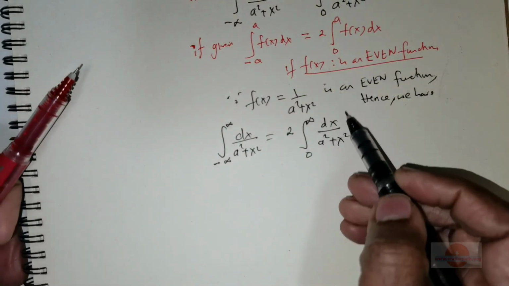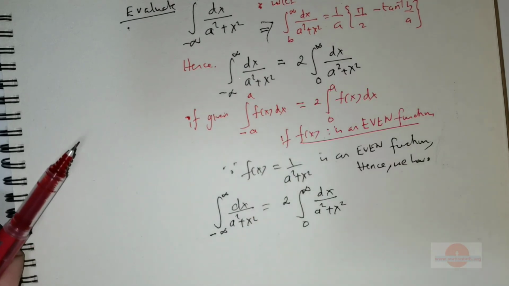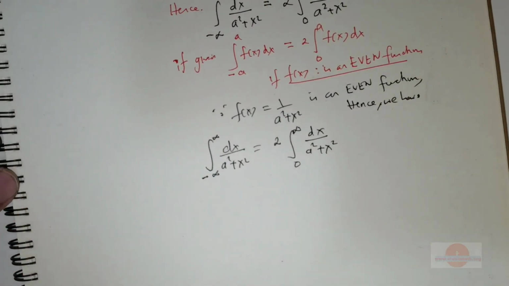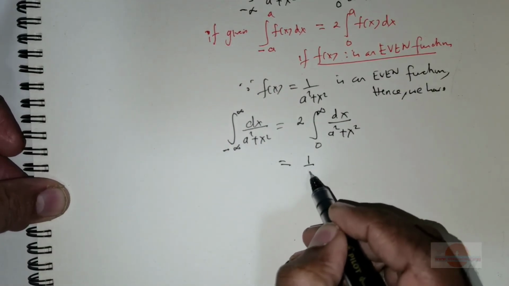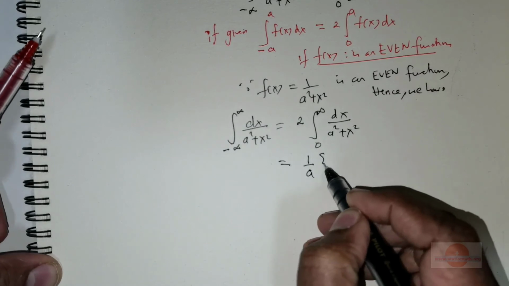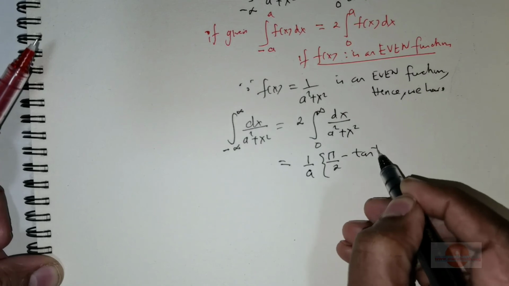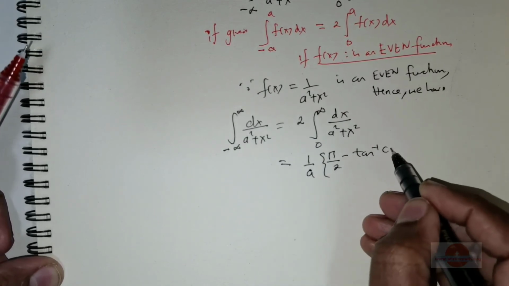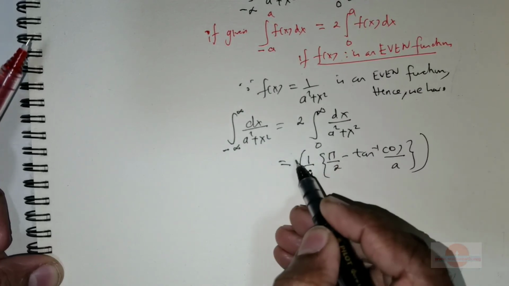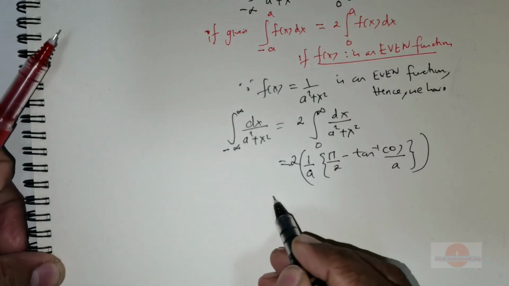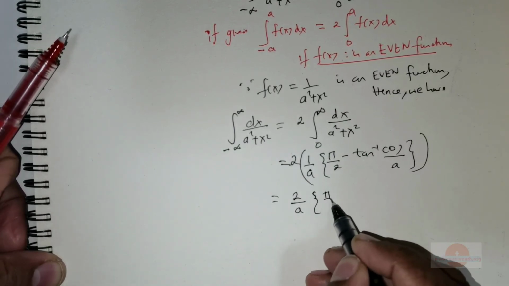Now in this case I would be substituting this formula which we already know. So I can rewrite this as 1 over a times pi divided by 2 minus tan inverse of, in the place of b we got 0, so substitute 0 divided by a. Now this entire thing has to be multiplied by 2. So this is going to be 2 over a times pi over 2.